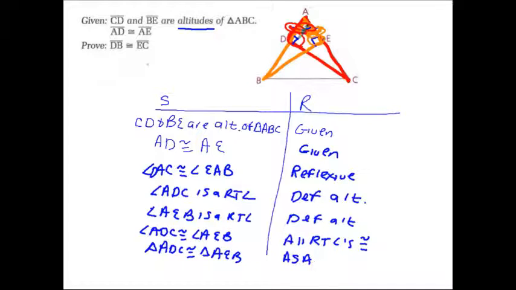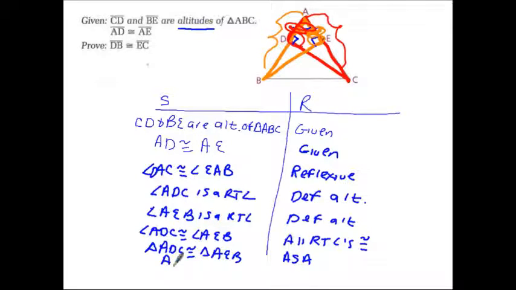So why is DB going to be congruent to EC? Well, those aren't full sides of my triangles. What I do have as far as full sides go for CPCTC is to say AC is congruent to AB. So let's go ahead and state that.